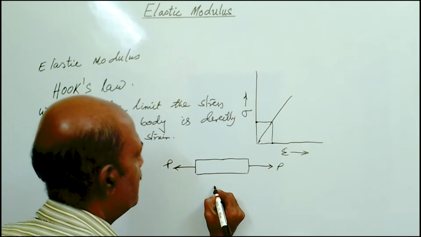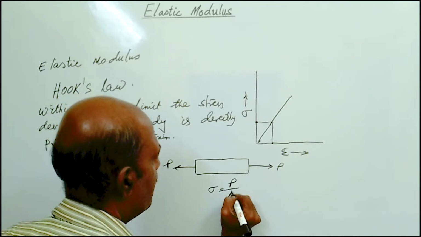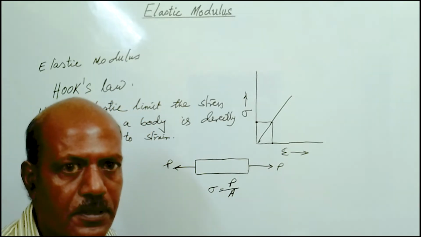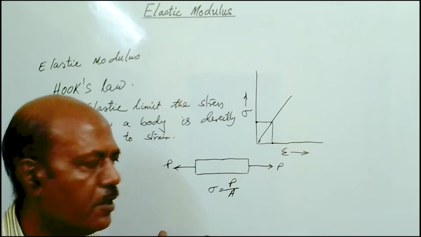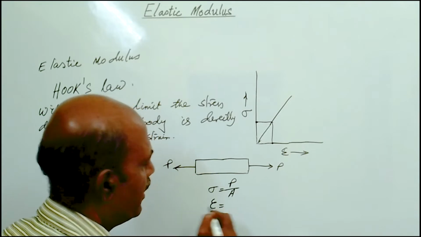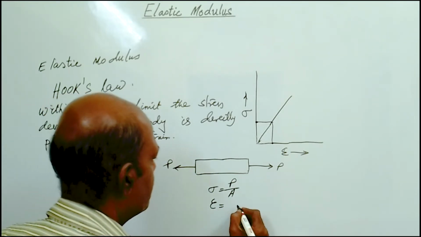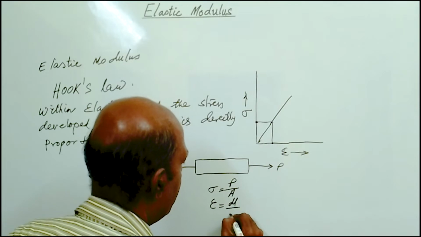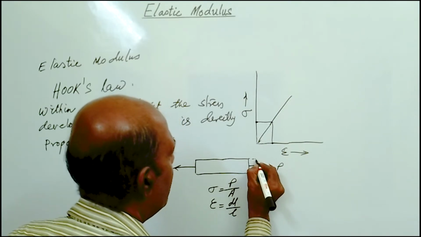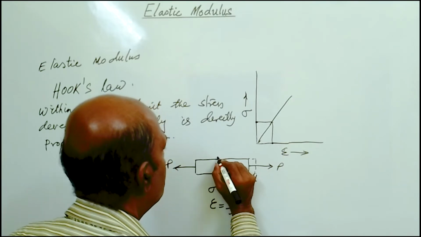Because of this P, sigma developed in the body is given by P by A, that is the resistance developed in the body over the original cross sectional area, and epsilon, the strain developed in the body, is given by dl by L, where dl is the extension produced in the body over a length of L.